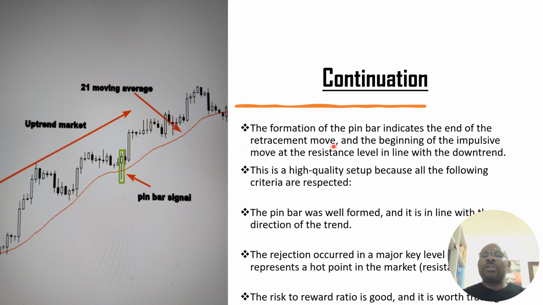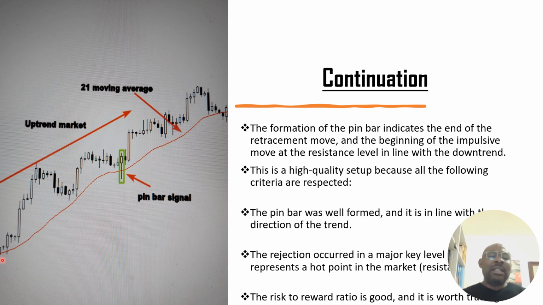Now, the formation of the pin bar indicates the end of the retracement move, like I showed, and the beginning of the impulsive move at the resistance level in line with the downtrend. When you check the downtrend that I showed just now, you see that the rejection happened at the resistance level, not at the support level.